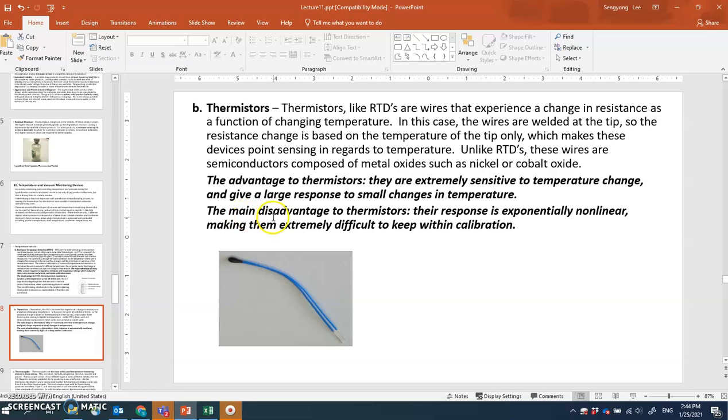But the main disadvantage is the response is exponentially nonlinear, making them extremely difficult to keep within calibration. So there are pros and cons.